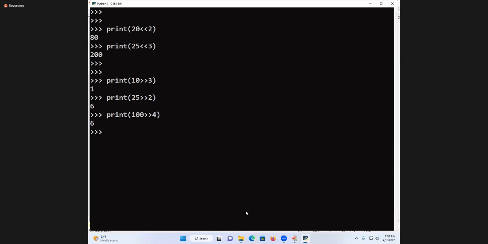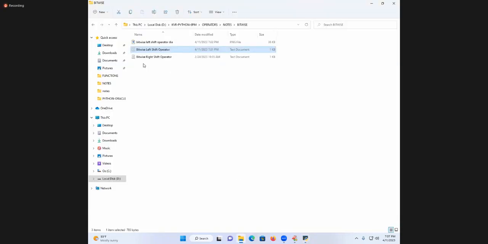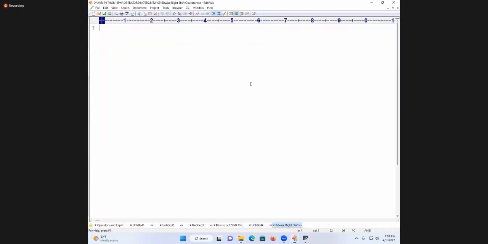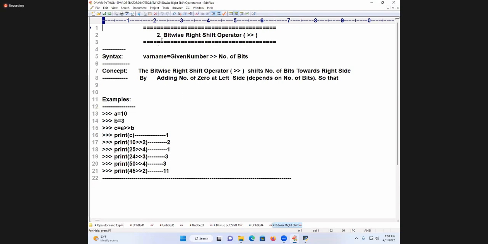These are very regularly asked questions. Now I am going to show you the bitwise right shift operator. Try to read it out, everybody. Variable name is equal to given number double greater than number of bits.